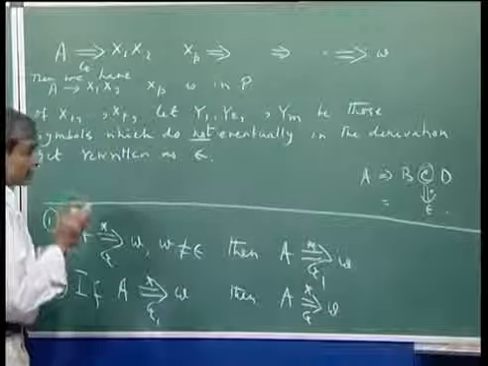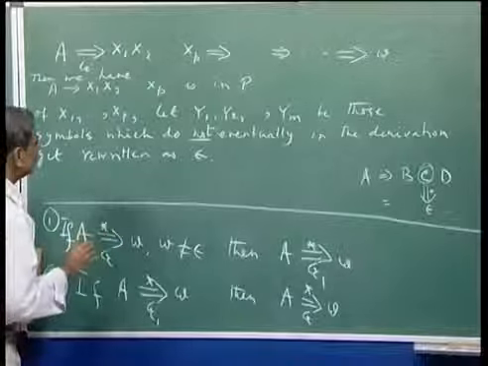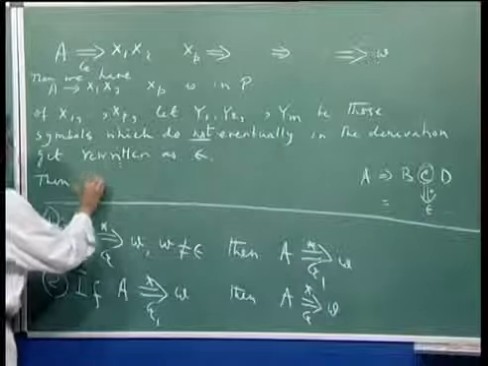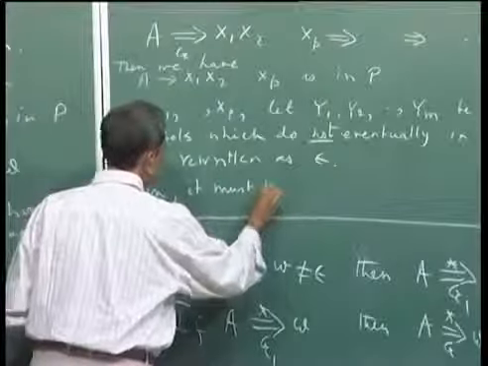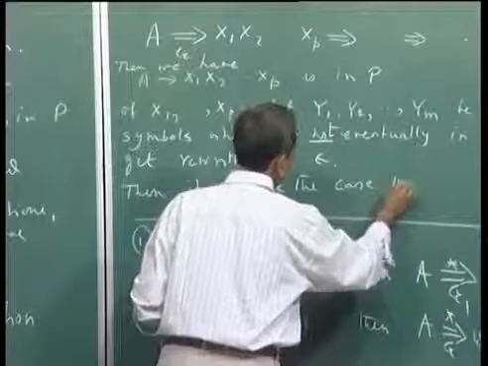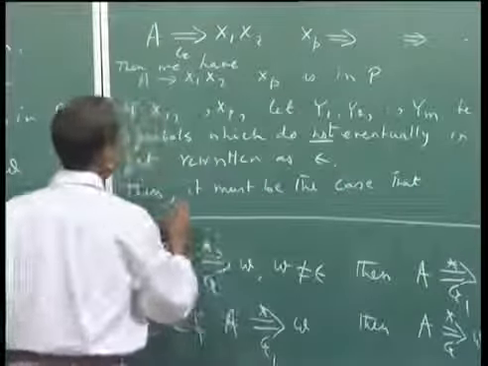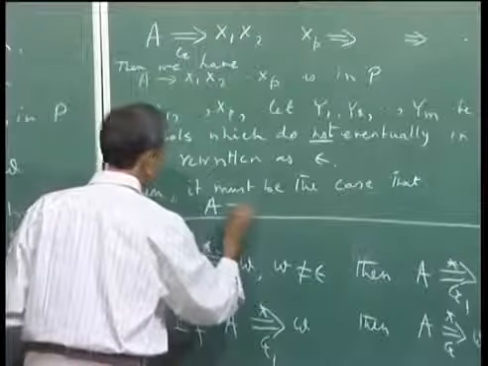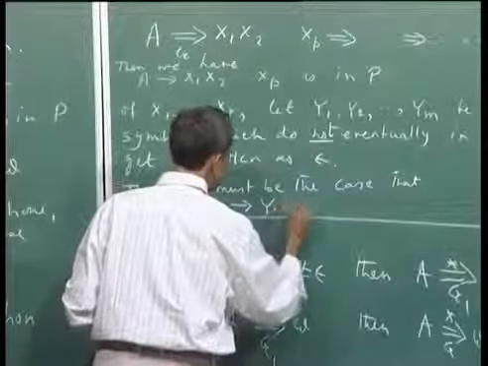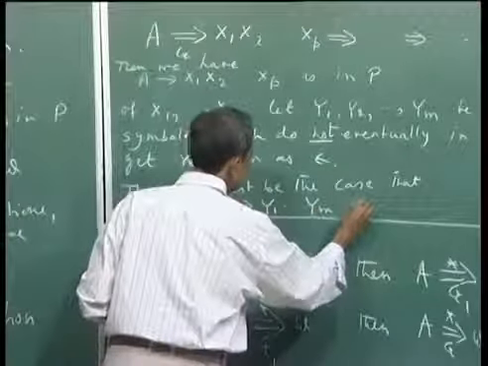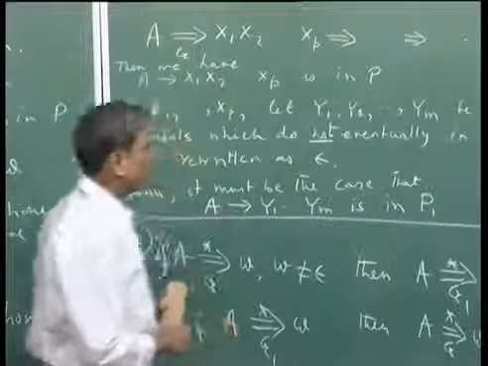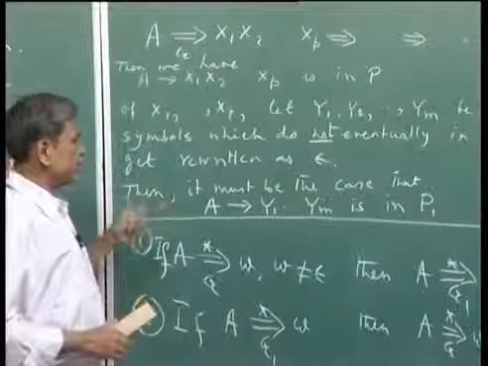So, in that case, if that is the case, then it must be the case that first of all A goes to y1 through yn is in P1, that is in the set of productions for the grammar G1.